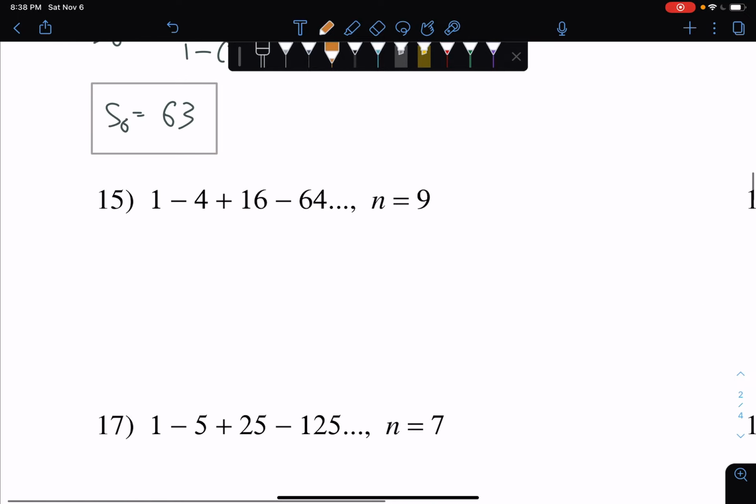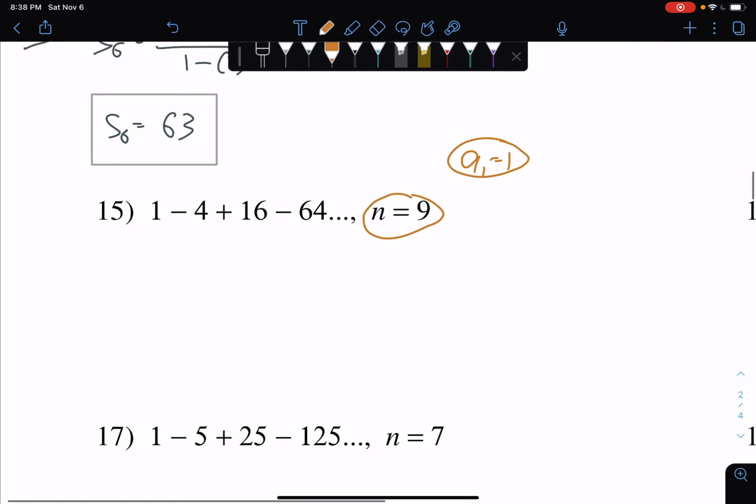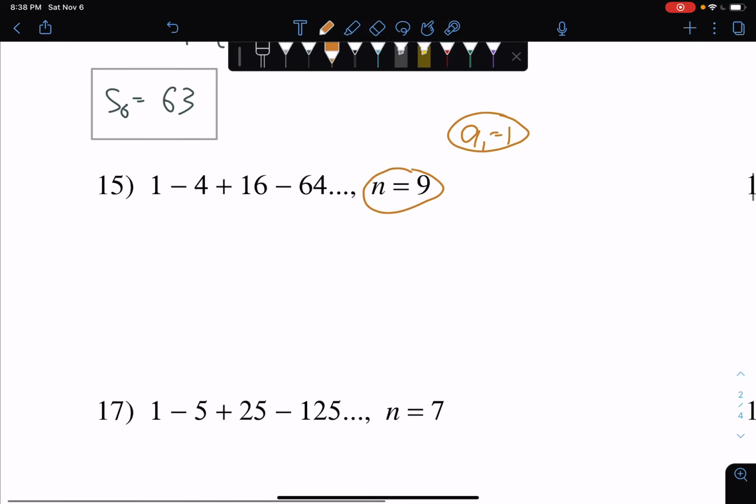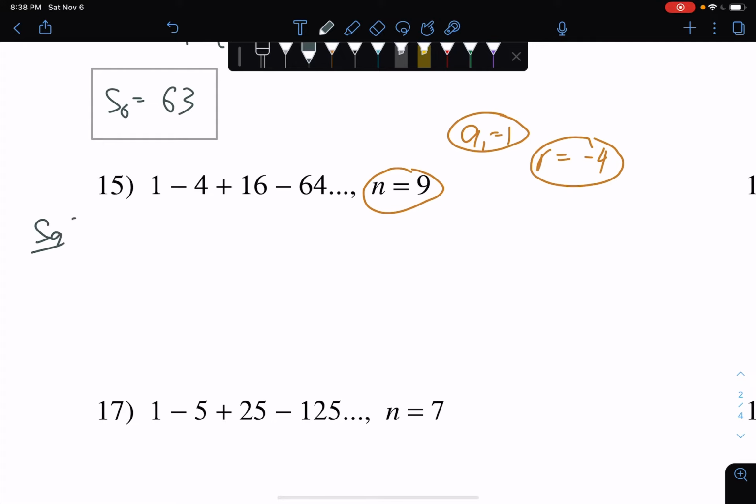Let's move to number 15. The same strategy. a sub 1 is equivalent to 1. Not a coincidence compared to number 13. r is equivalent to negative 4, I suppose. Let's check. Negative 64 divided by 16. Yeah, r is equal to negative 4. Let's find S of 9 because n is 9.